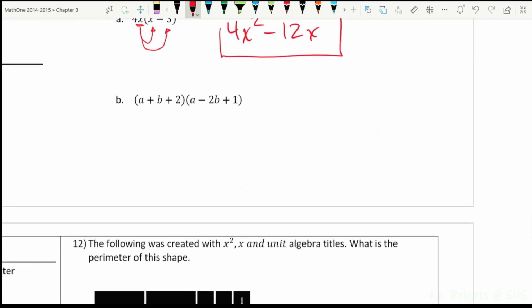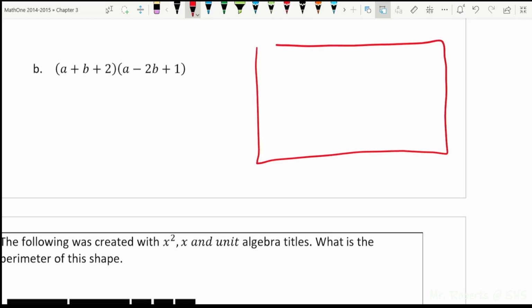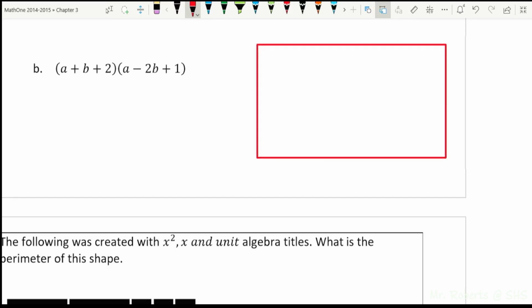This next one, I am going to definitely organize my work, and I recommend it. A lot of you made some mistakes, right? So I'm going to start by drawing a rectangle there, and across the top, I'm going to have 3 terms by 3 terms.